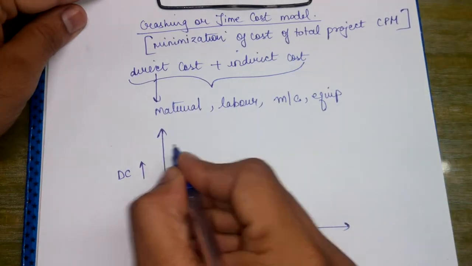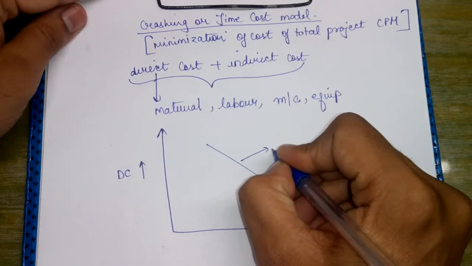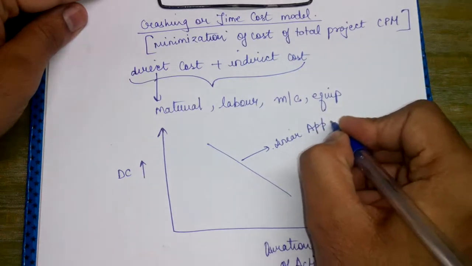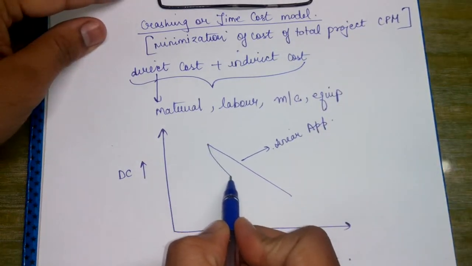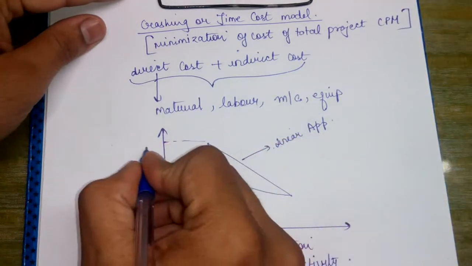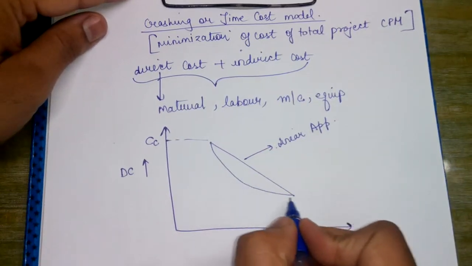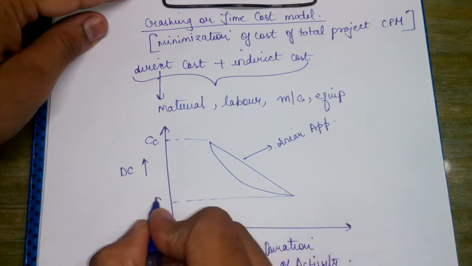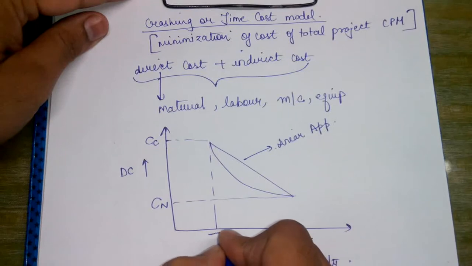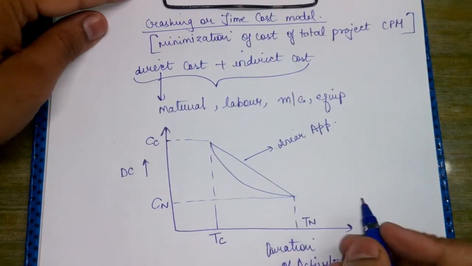The straight line refers to the linear approximation, but actually it will definitely be a curve. This point represents CC, that is the crash cost. This point represents CN, the normal cost. This represents the time for crashing and this represents the normal time.